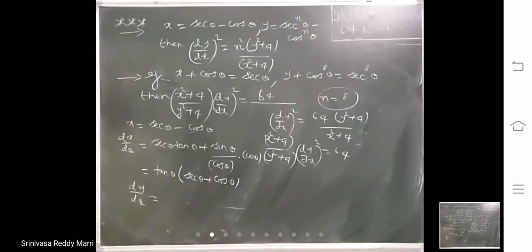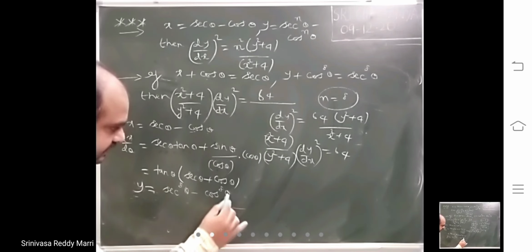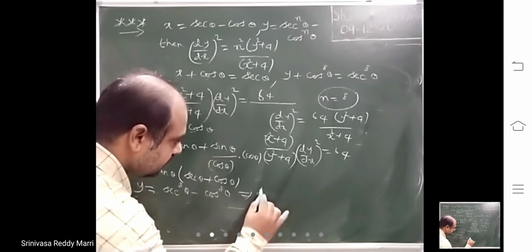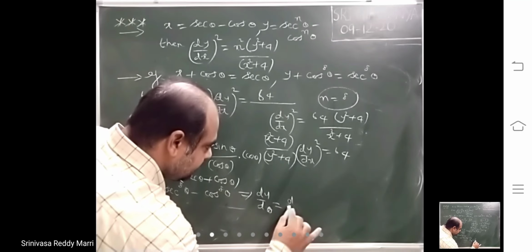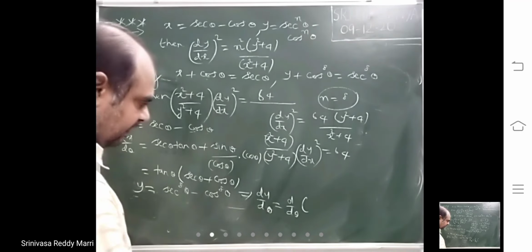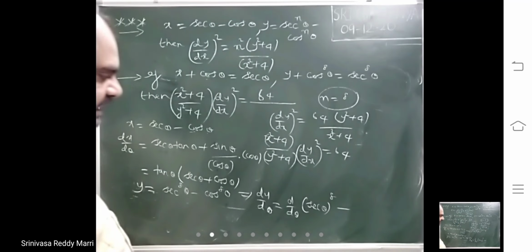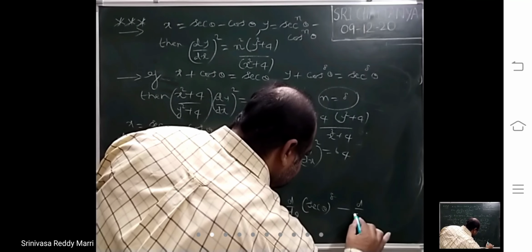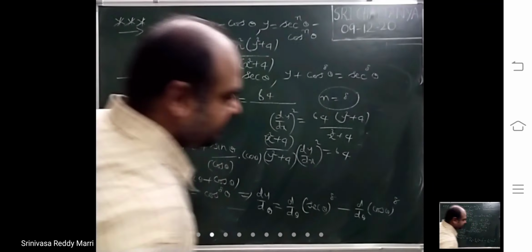Dy by d theta is nothing but, y is secant power 8 theta minus cos power 8 theta. Dy by d theta is d by d theta of secant theta whole power 8 minus cos theta whole power 8.